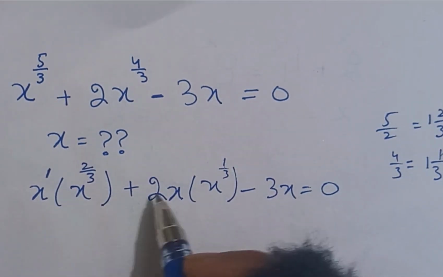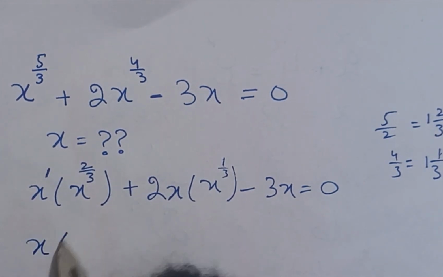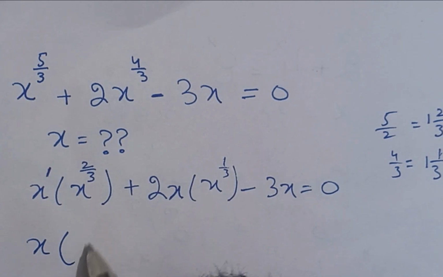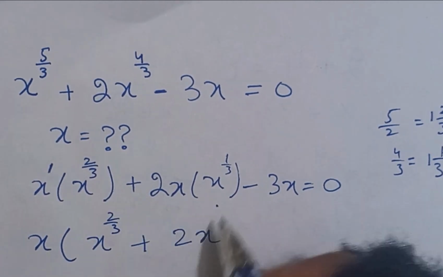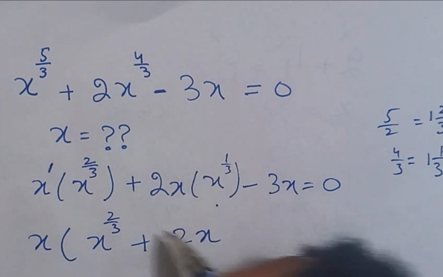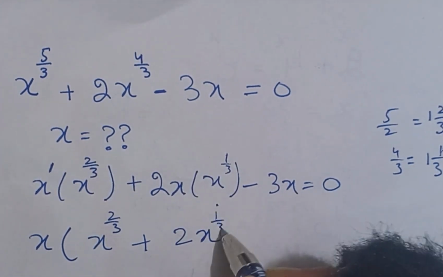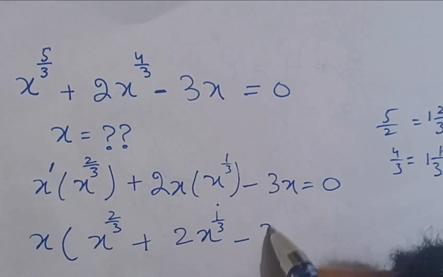Now x is common among these terms, so we take x common. If we divide this whole term by x, then we get x raised to the power 2 over 3 plus, if we divide this whole term by x, then we get 2 multiply x raised to the power 1 over 3 minus, if we divide 3x by x, then we get minus 3.